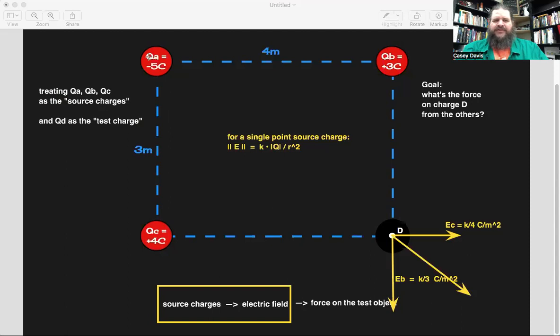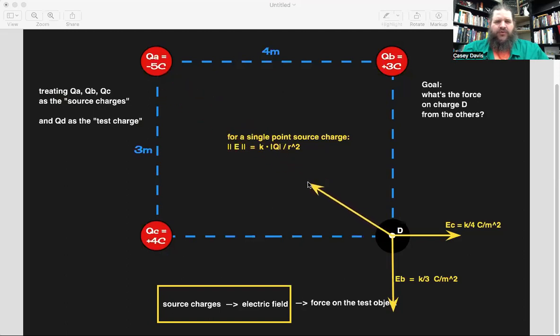In general, which direction should we expect the electric field caused by a negative charge to be pointing? Like inwards? Like towards? Yeah, exactly. Electric field caused by a negative source charge is going to be pointing inwards towards that charge. So yeah, that'll be northwest, not directly northwest, but approximately northwest-ish, a little more west than north on this diagonal here.